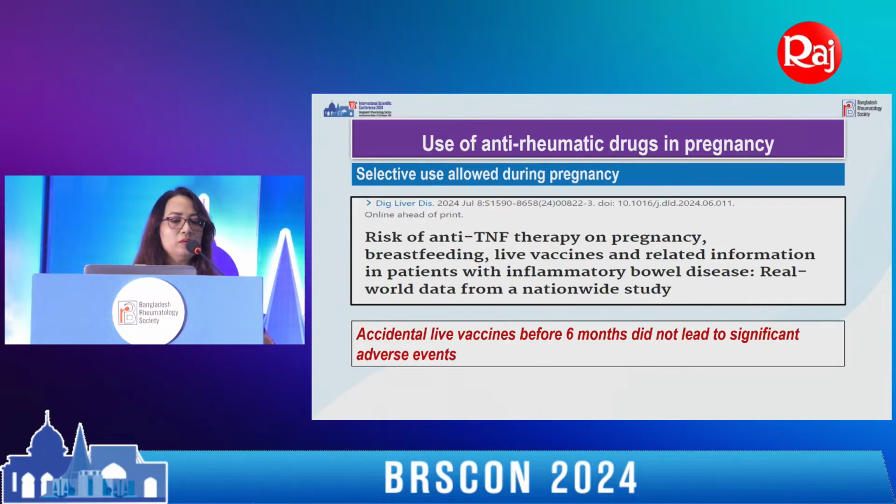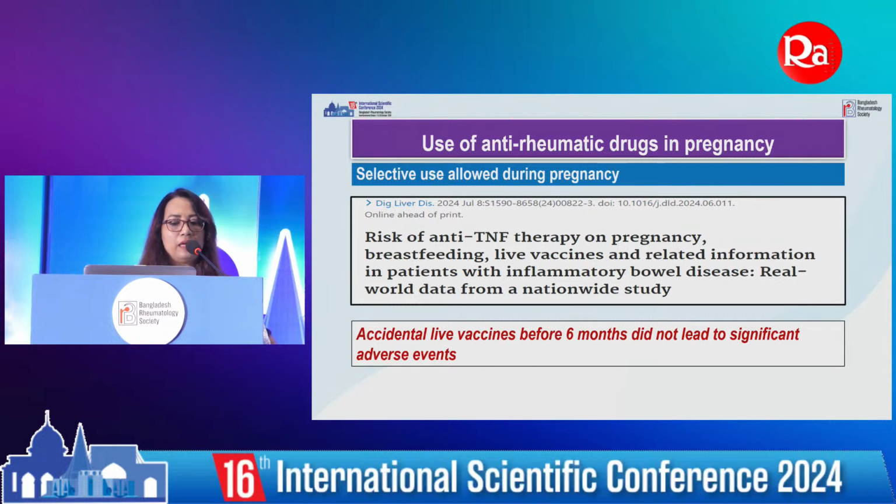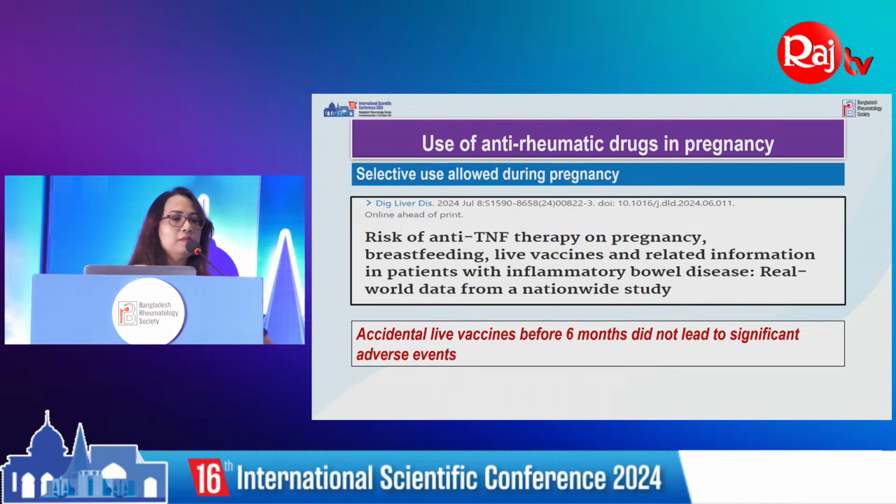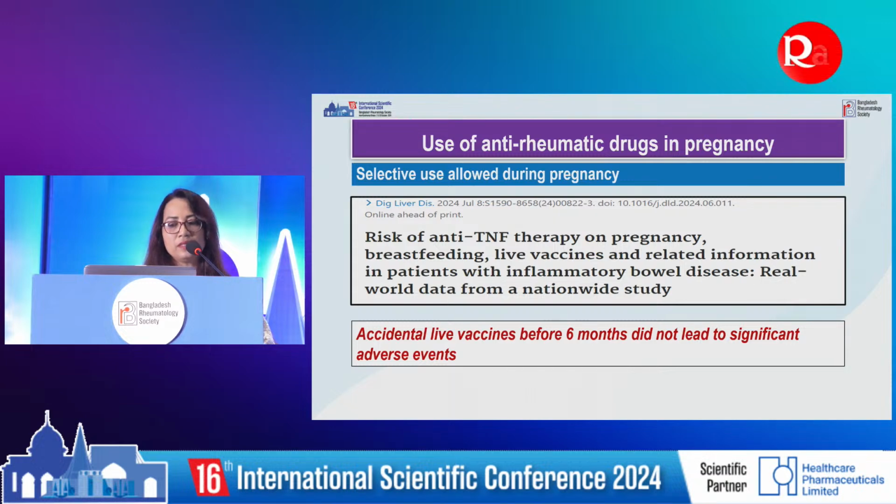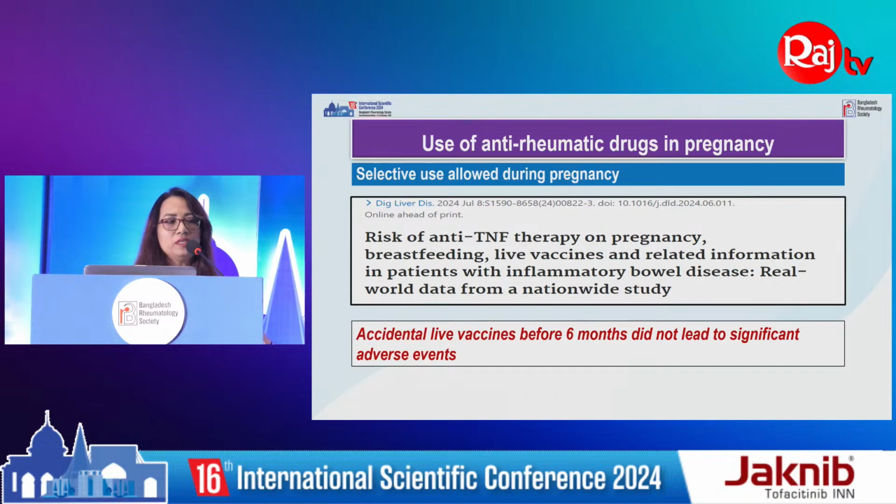But here is some good news, because just recently published this year, data showed that accidental live vaccine before 6 months in patients who received TNF inhibitor throughout the pregnancy actually didn't show significant adverse events. So this is a little bit reassuring for us.